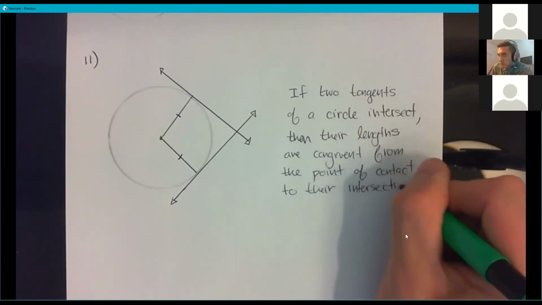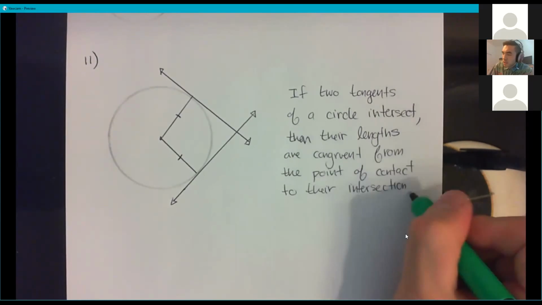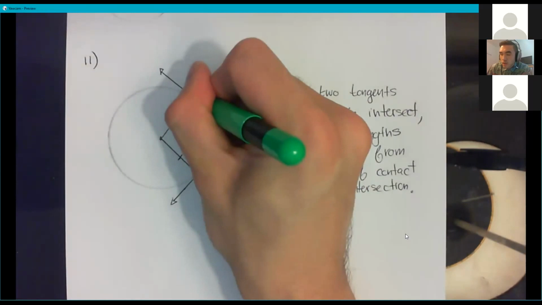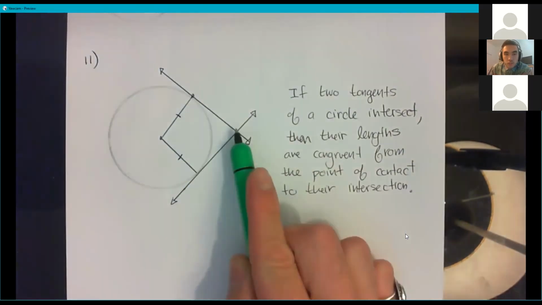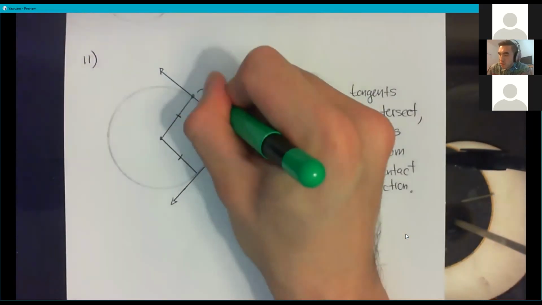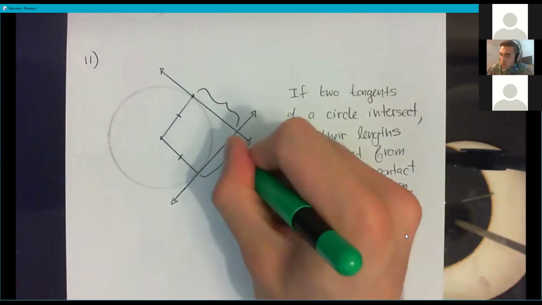And I think that seems to be intuitively true here. All I'm saying, for the sake of mathematical precision, is that the length I am talking about goes from the point of contact to the point of intersection. So these are the lengths in question, here to here.